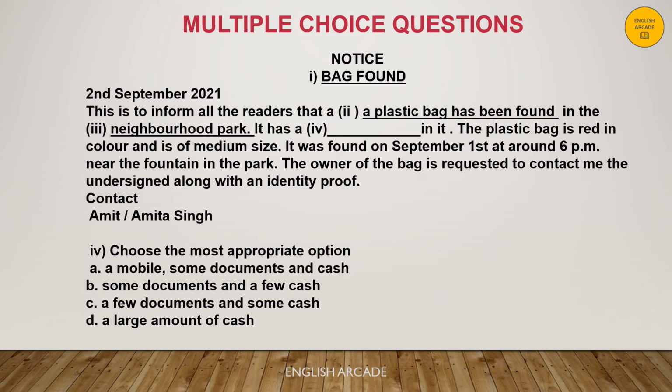So if you refer to the question again, it will tell you that there are a few documents and some cash, so the right answer is C. The question does not refer to any mobile at all, so option A is ruled out. Because there are documents, option D is ruled out, and we never use few with cash, so option B is ruled out too. The correct answer is C, a few documents and some cash.